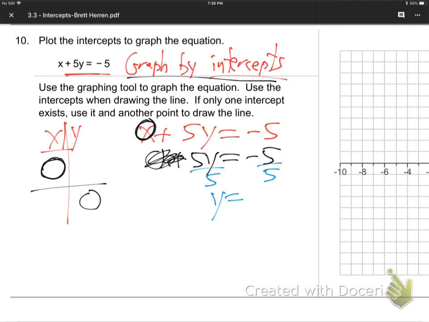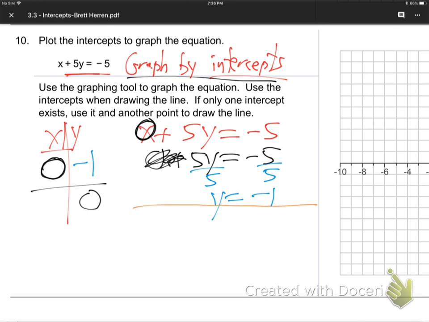So y equals, what's -5 over 5? -1. So you put that next to the x of 0. We got that from plugging in x equals 0, right? That's what led to that. So that goes with x equals 0. That's going to be one dot. Those two numbers are going to make one dot on a grid line. Now we just need to find the other one.